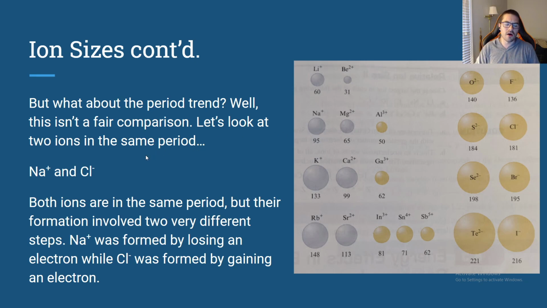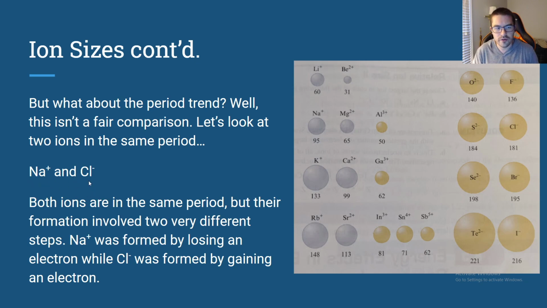But let's think about how those two ions were formed, and you'll see what I mean by it not being a very fair comparison. The sodium ion, Na+, lost an electron, right? That's why it's positively charged. But chlorine gained an electron. So that's not really the same thing, right?